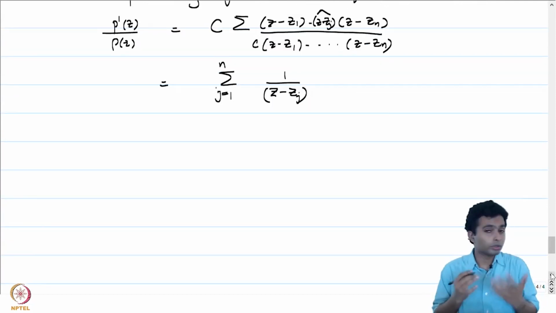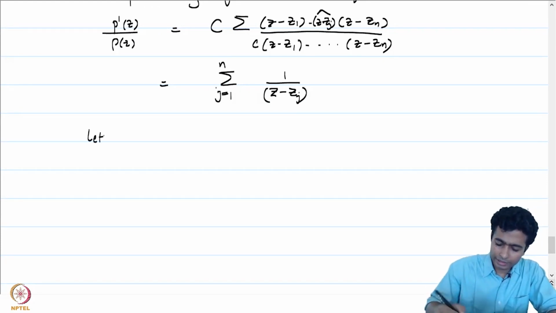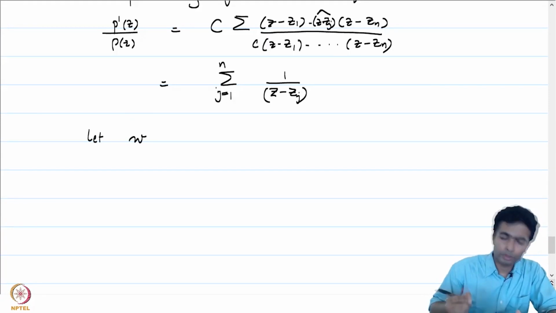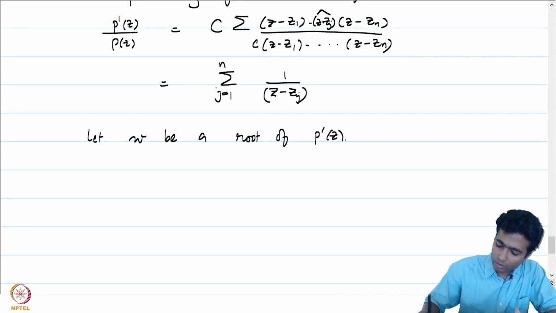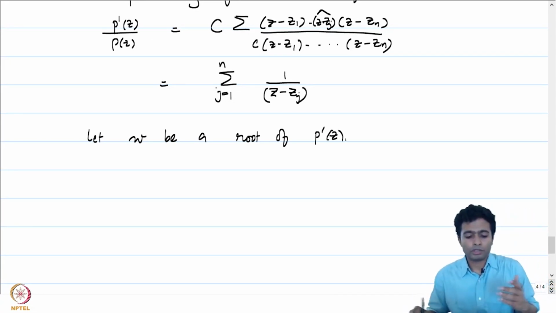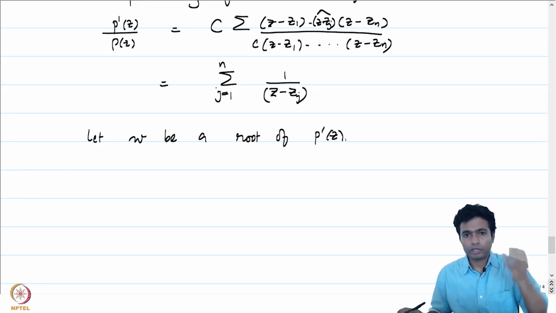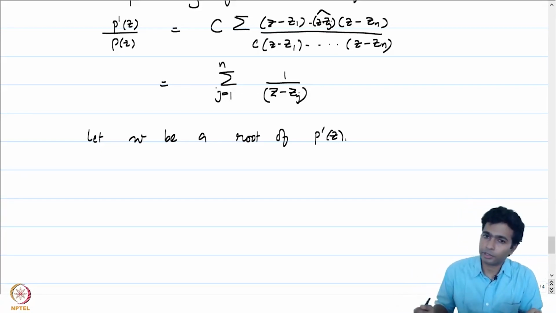Let us now consider the roots of P prime. Let w be a root of P prime of Z. If w is one of the roots of P of Z, then we don't have anything to prove because it's already in the set of roots, which in particular is a subset of the convex hull.